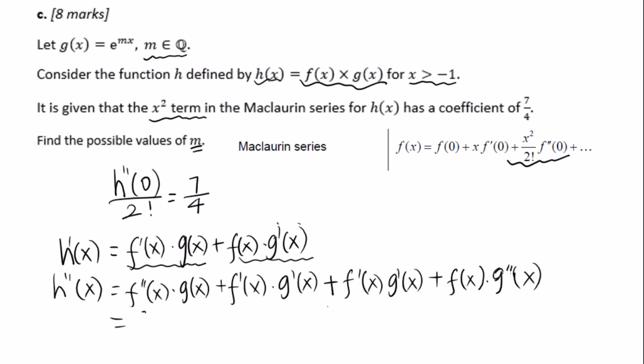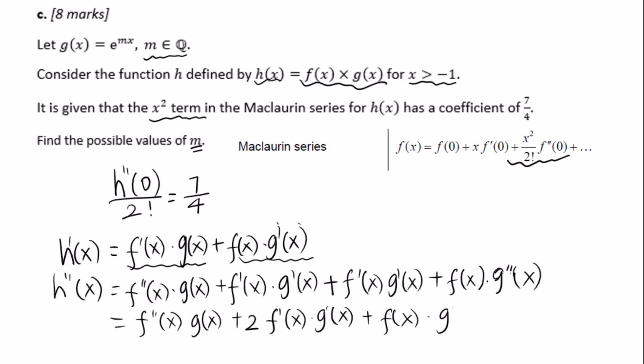Combine like terms: f double prime of x g of x plus 2 times f prime of x times g prime of x plus f of x times g double prime of x.